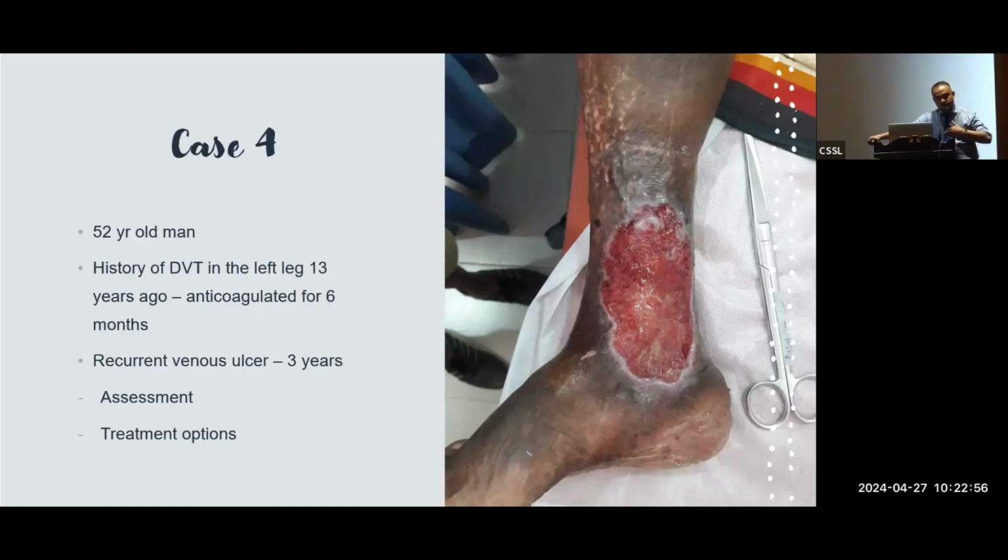Now even if you have had DVT in the past, even if there is deep venous reflux on scanning, if there is coexistent superficial venous reflux also causing ulcer, you can treat the superficial vein with the formal things that we discussed, either laser or foam or whatever, provided the deep vein is only refluxing and not occluded.